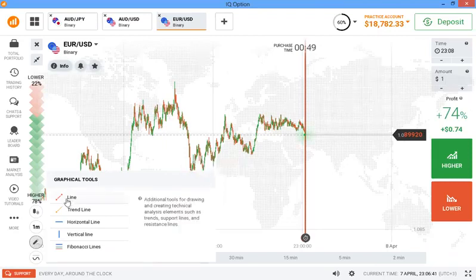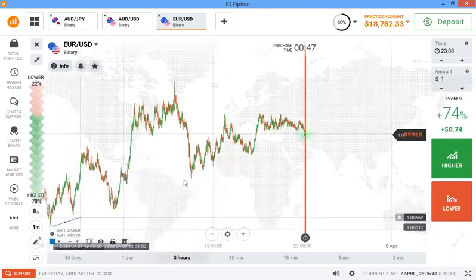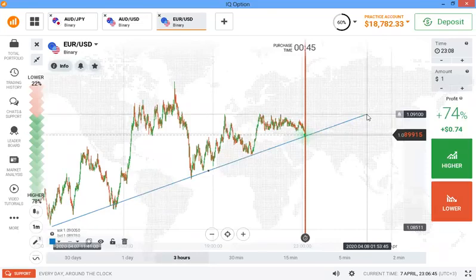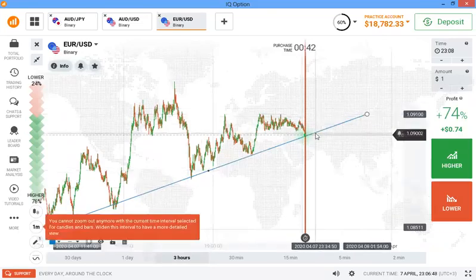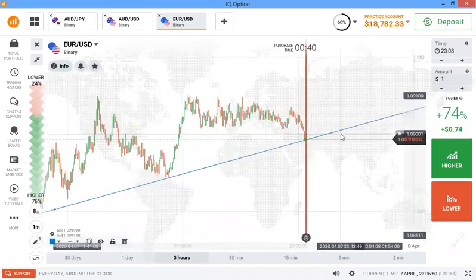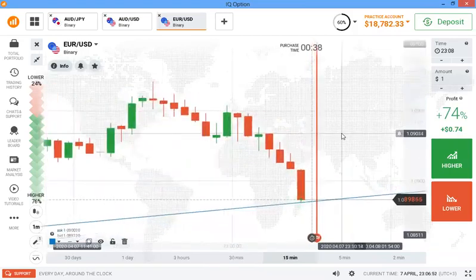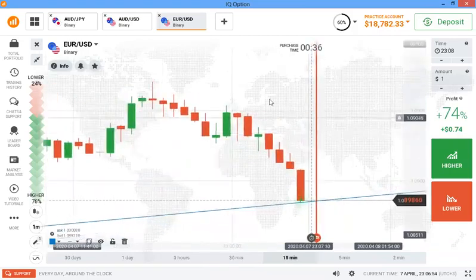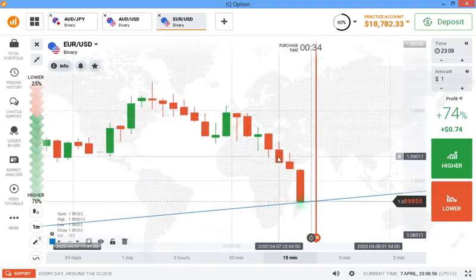Let's draw the market from here. This tells me that the market is moving, and now to check the price, I can see some sellers' movement here.